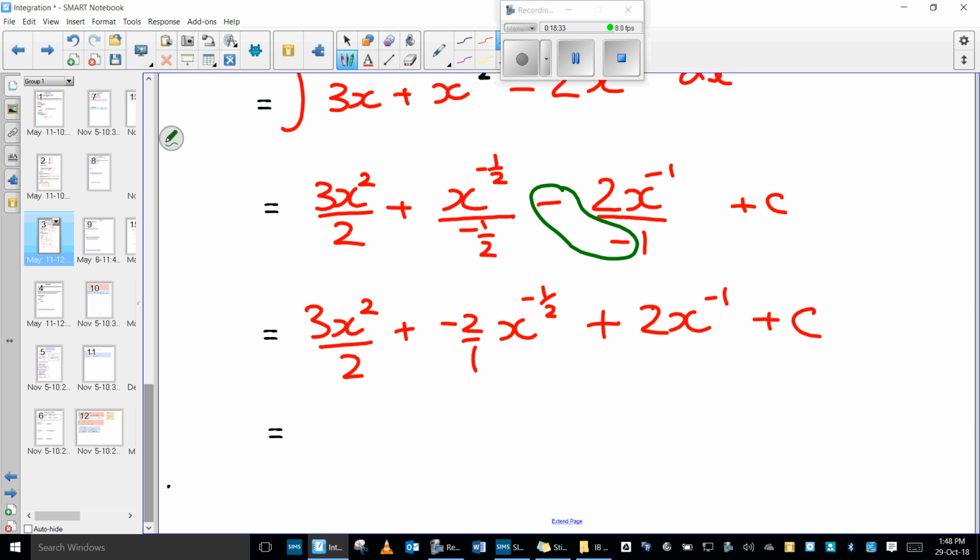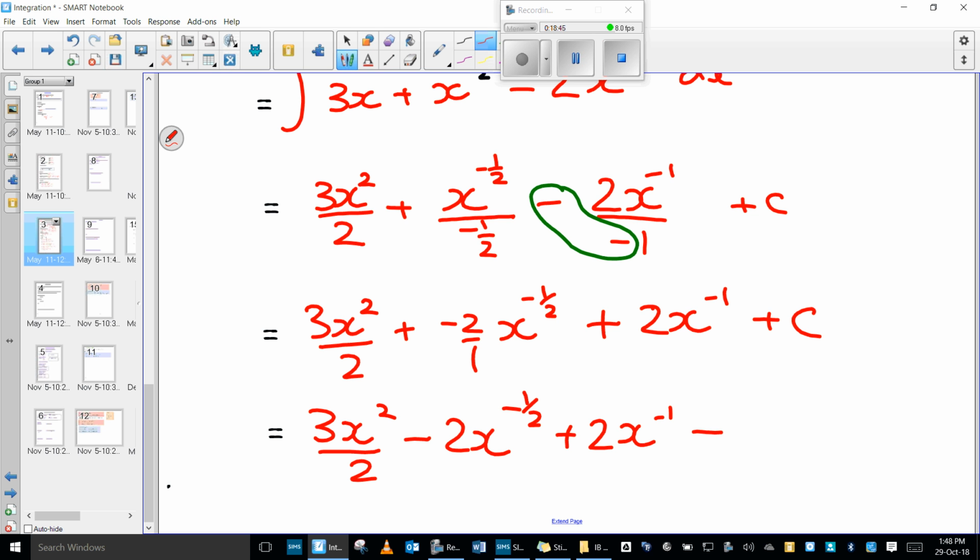And so our final answer, which some people may have been happy writing the line before, is this. Obviously these signs here became a negative, and obviously we can get rid of the one.